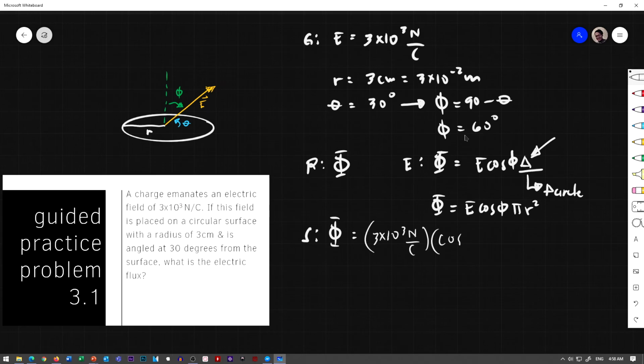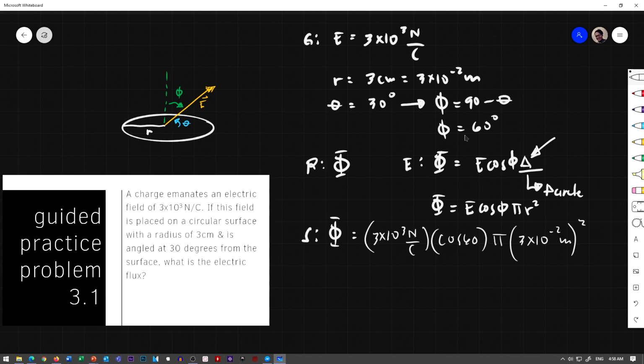So that's cosine 60 multiplied by the area. So our area is pi multiplied by, we can just place pi here, right? Then we have 3 times 10 raised to negative 2 meters to be squared. There. So you're going to notice the units.